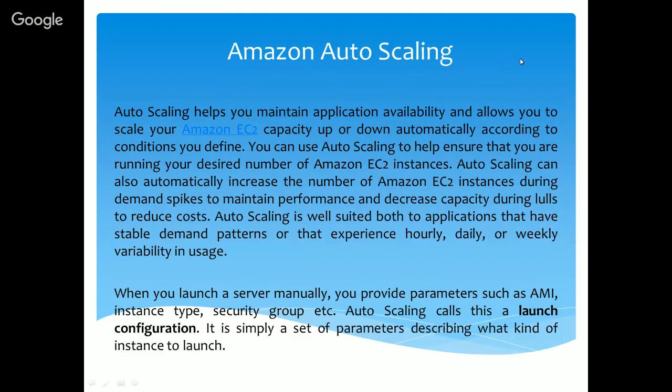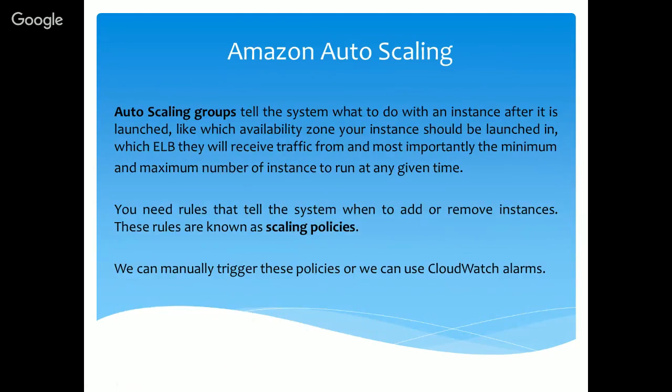There is another important term that you need to remember, called auto scaling groups. This basically tells the system what to do with an instance after it is launched. Once you launch an instance, some of these things are defined here, like which availability zone your instance should be launched in. You can launch in the same availability zone or in a different availability zone.